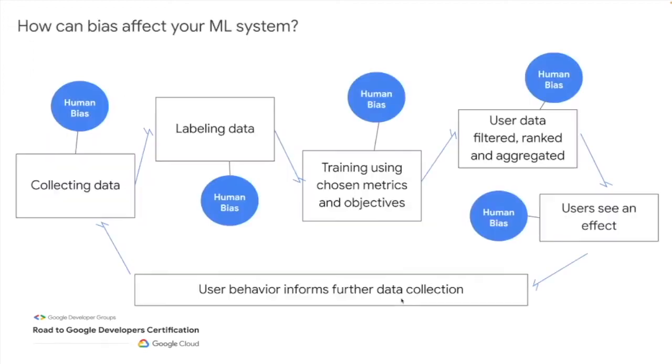Now, let's talk about how bias can affect your machine learning system. You can have bias at different points in time. You can have human bias in collecting data. You can have bias in labeling data. You can have bias during training using chosen metrics and objectives.